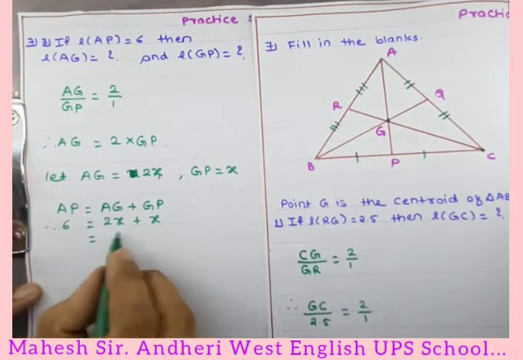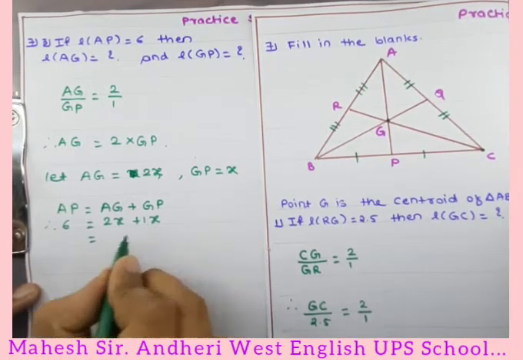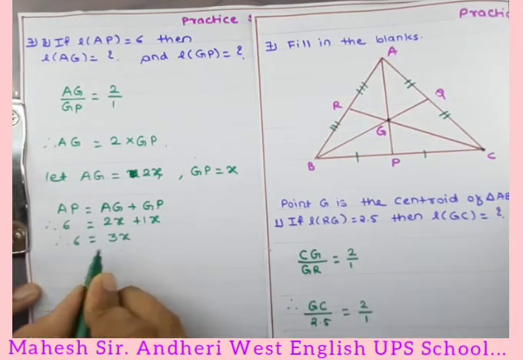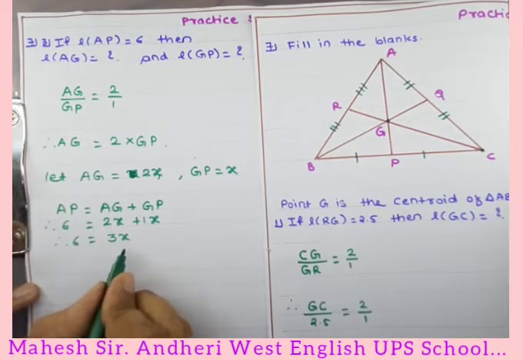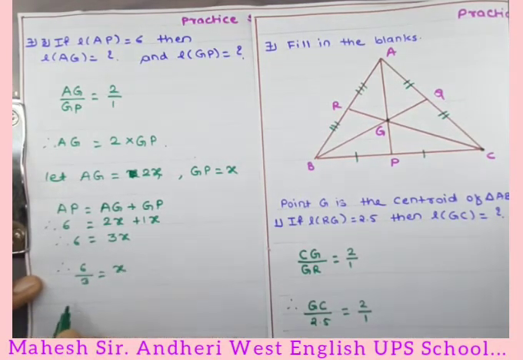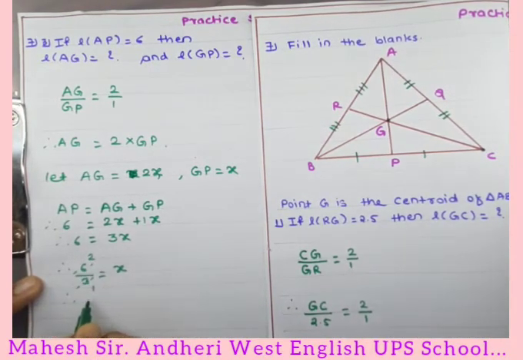So we will do the addition, 2x plus 1x, that is 3x. Since 3x is 6, the 3, which is in multiplication, will come here as a denominator. You know 3 ones are 3 and 3 twos are 6, so we have got the answer as 2. Therefore x is equal to 2 unit.